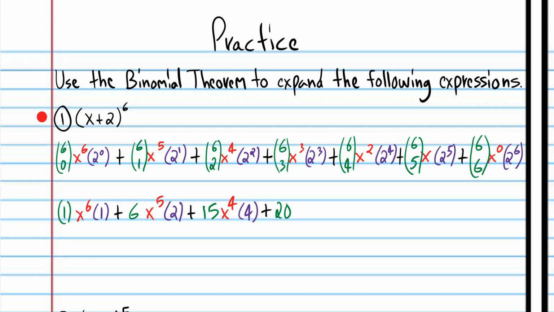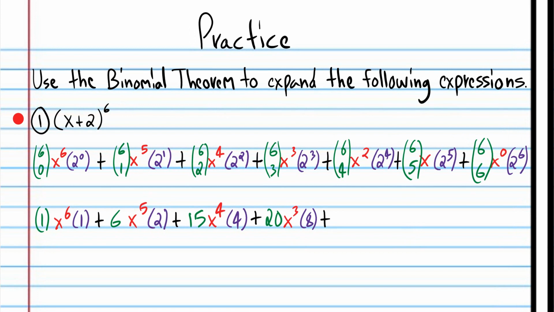So we have 20 x cubed, and then 2 to the 3rd power is 8. We're going to go to the calculator again and calculate 6 choose 4, and we find that that is going to be 15. And 2 to the 4th power is 16.